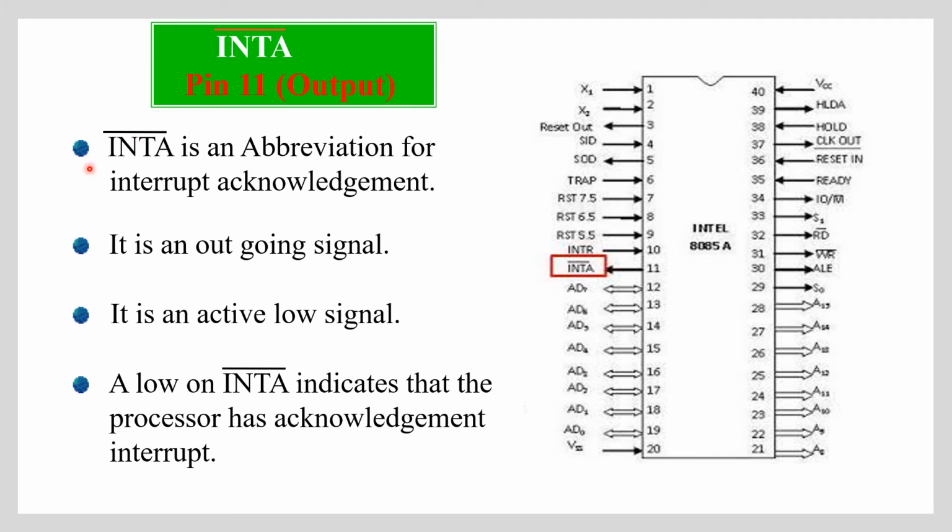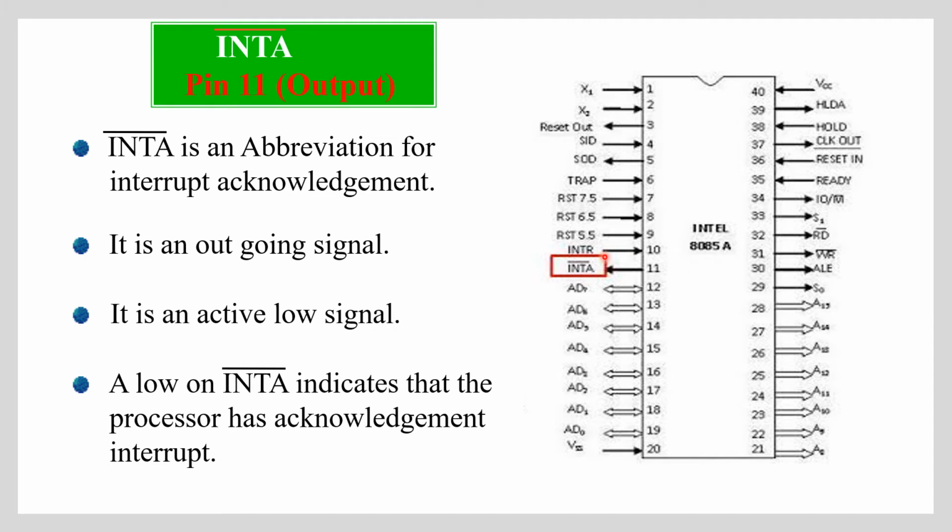INTA bar is an abbreviation for interrupt acknowledgement. In the previous pin, we have seen INTR. When this interrupt arises, the microprocessor sends an INTA interrupt acknowledgement signal to know from where the interrupting device is coming, to get the information about the interrupting devices.